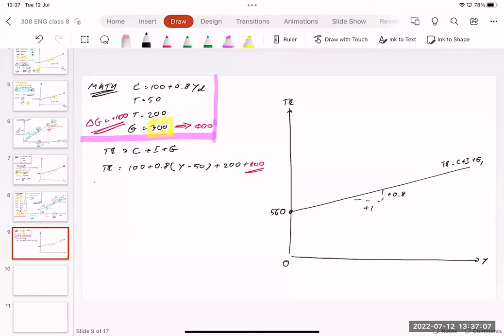Calculating again, TE equals 700 plus 0.8Y minus 40. TE finally equals 660 plus 0.8Y.